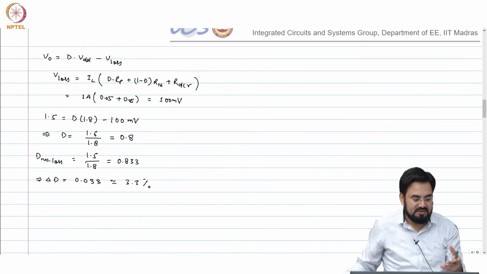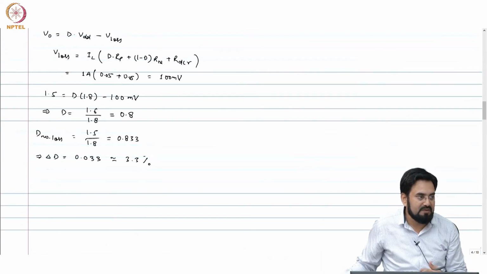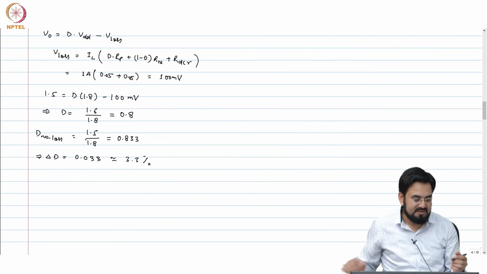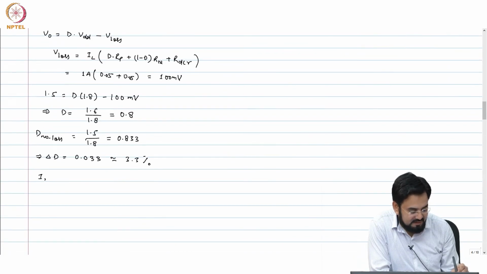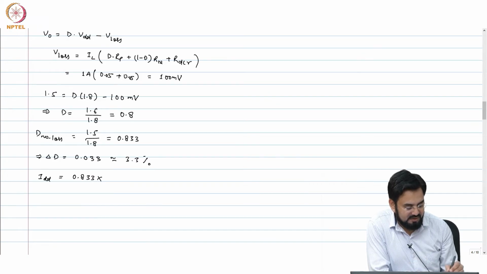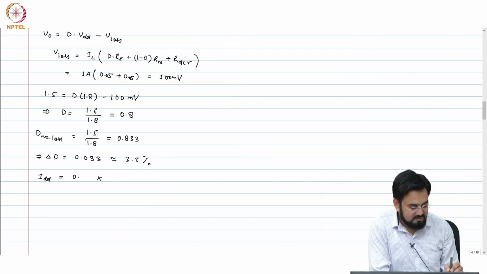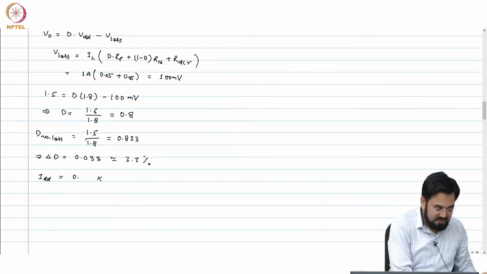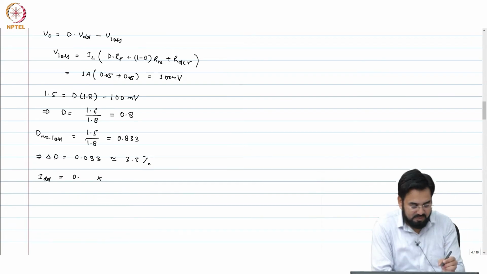So one way, you know the input power and output power. What is the input current, IDD? 0.833 multiplied by, sorry, 0.8. No, I think you guys did something wrong. That is 0.88, yeah.